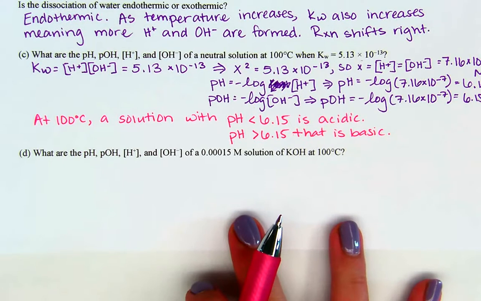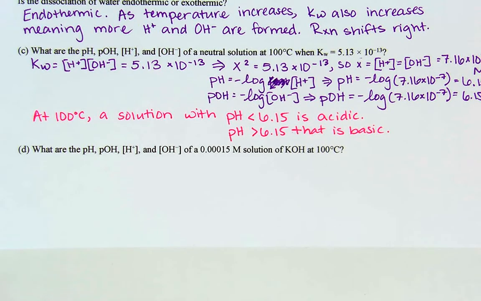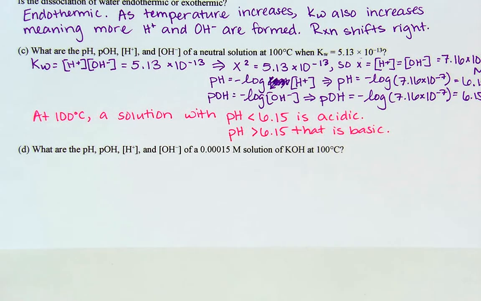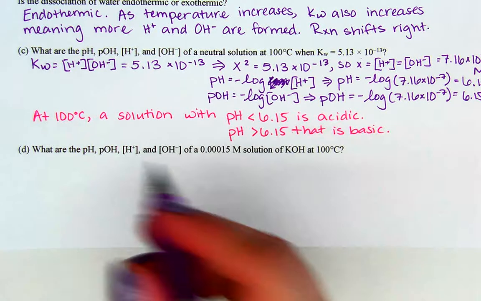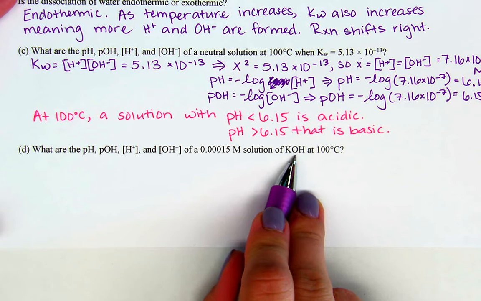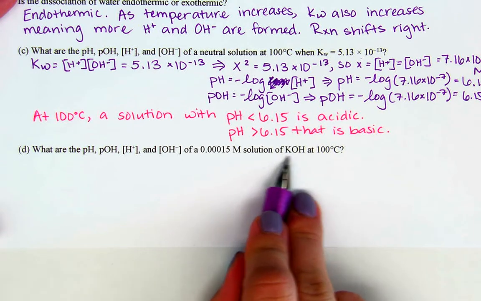Part D. What are the pH, pOH, H plus concentration, and hydroxide ion concentration of that solution? This is the same solution we looked at earlier, but now we're at 100 degrees Celsius. Okay, so we're given already that this is KOH. From this, we can determine the concentration of hydrogen ions. So remember, this is a strong base.